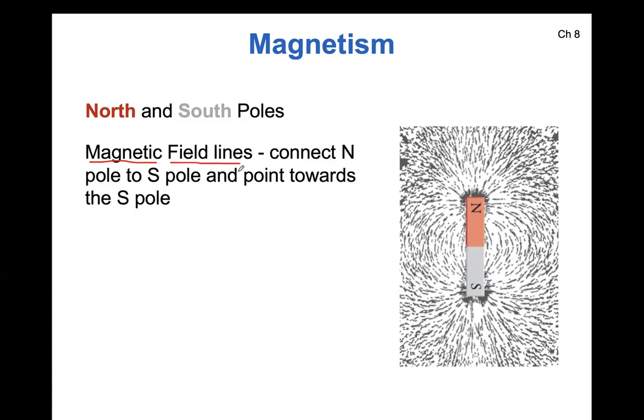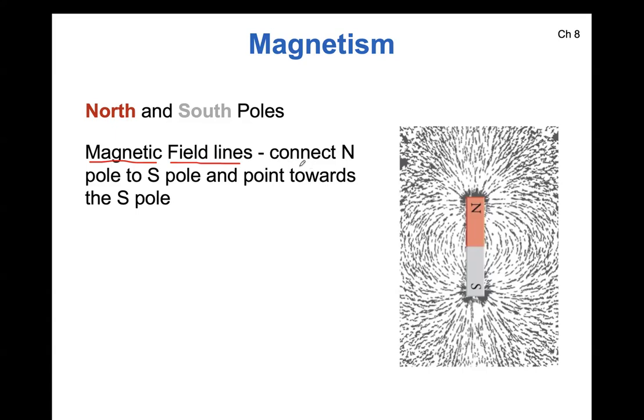When field lines are further apart, it means weaker. And the direction of the field line tells us the direction of the force that magnetic field would exert on another magnet or on a charge or current. Because that's a big idea: magnetic fields can exert forces on charges, like an electron, for example.